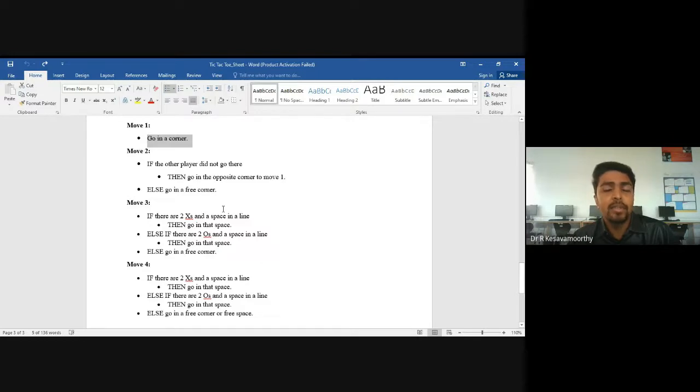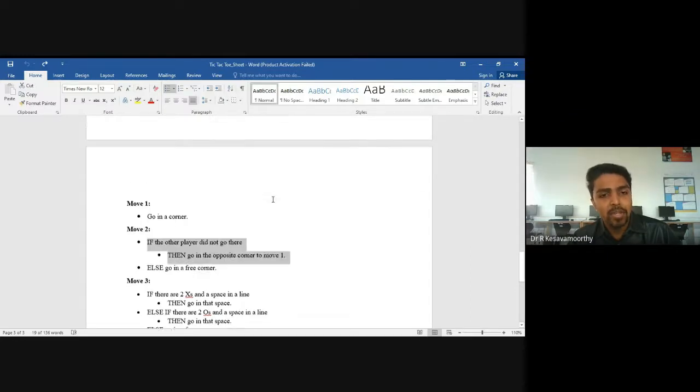If you have noticed, player A has chosen one of the corners as its first move. Yes or no? How many of you have noticed? Now, in the second move, if the other player did not go there, then go in the opposite corner to move one. I don't know how many of you have noticed this. If not, I'll show you a demo again.